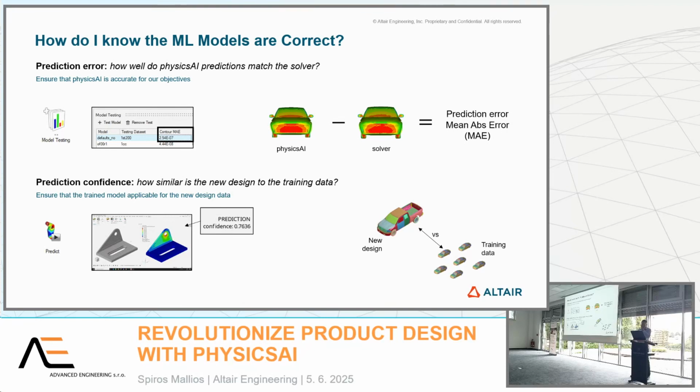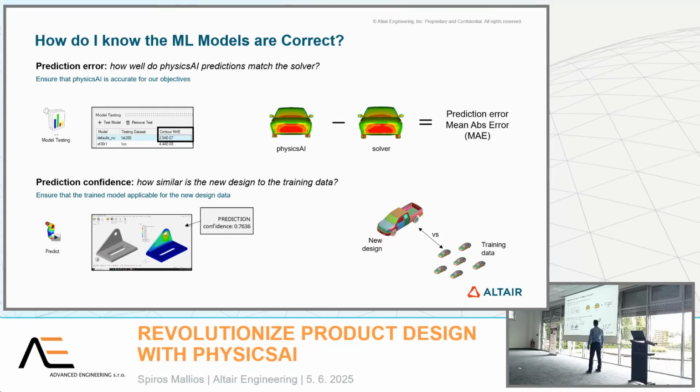All right. So let's talk a little bit about the main concerns of most users on using this technology. Apart, let's say, from the fact that PhysicsAI can run locally, so you don't have any fear of leaking data, the next concern of users is, how do I know that my model is predicting well?